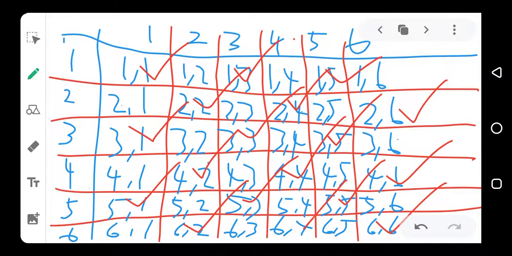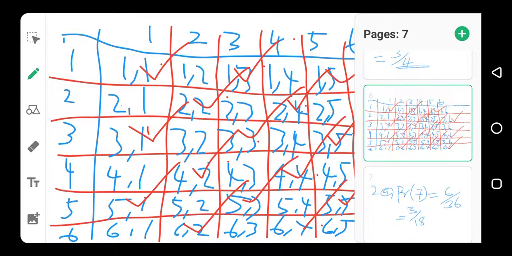So we count the total numbers we have marked, that is the total even numbers. In each row we have 3 marked, so counting 1, 2, 3, 4, 5, 6, 7, 8, 9, 10, 11, 12, 13, 14, 15, 16, 17, 18. So we have 18 over the sample space, which is 36.